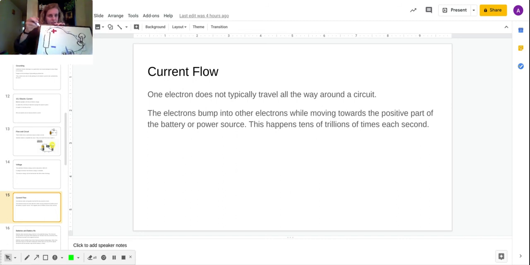He can't travel that fast. He doesn't typically make it all the way around the circuit. What happens is this little electron bumps into another electron, which bumps into another one.